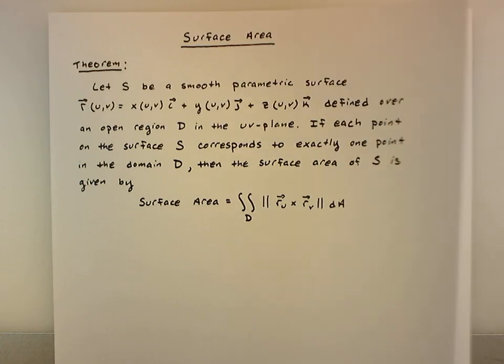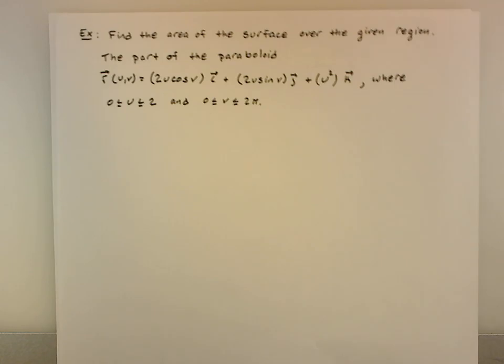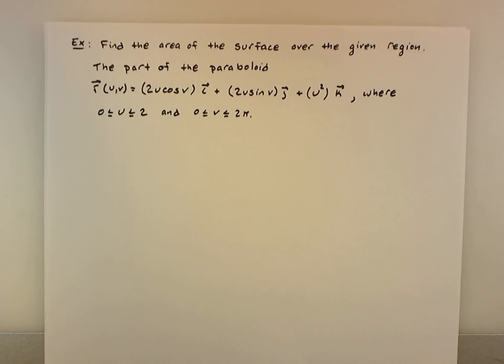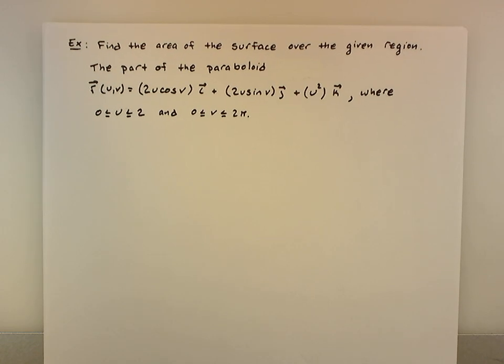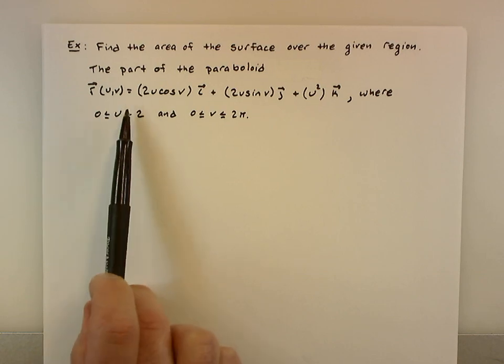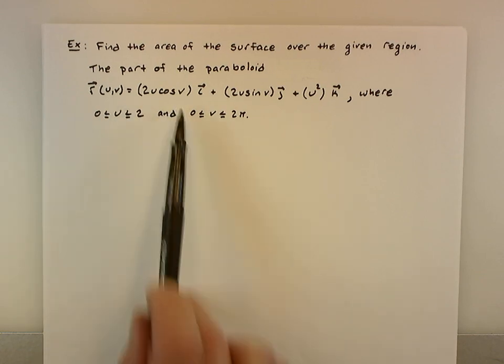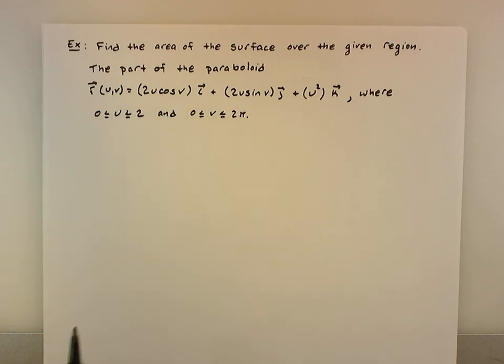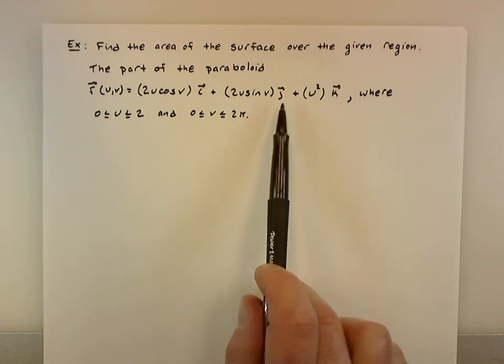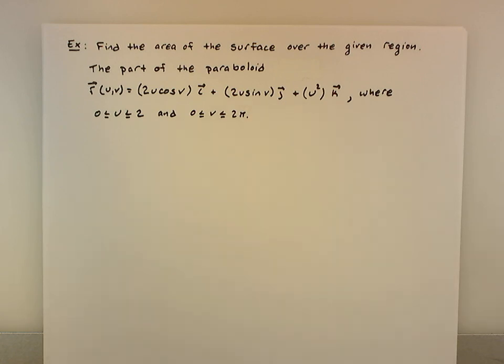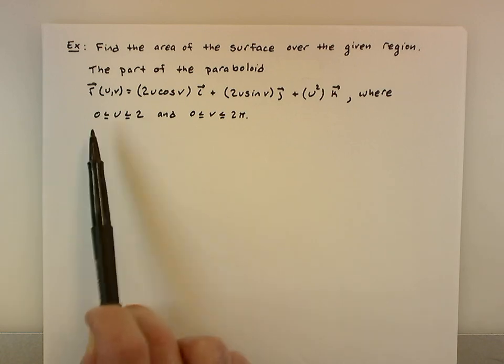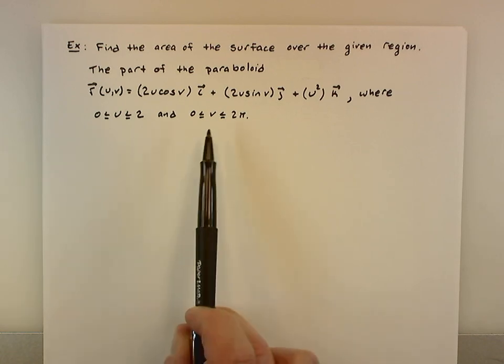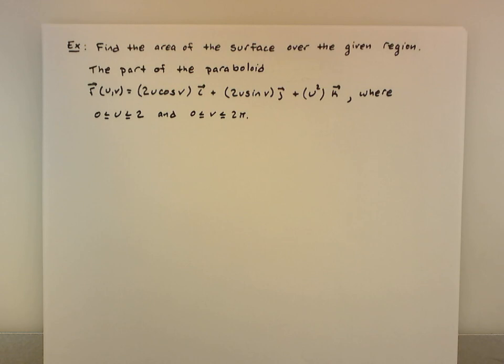So example, find the area of the surface over the given region. The part of the paraboloid R of UV equals 2u cosine V in the I direction plus 2u sine V J plus u squared K, where u is between 0 and 2 and V is between 0 and 2 pi.